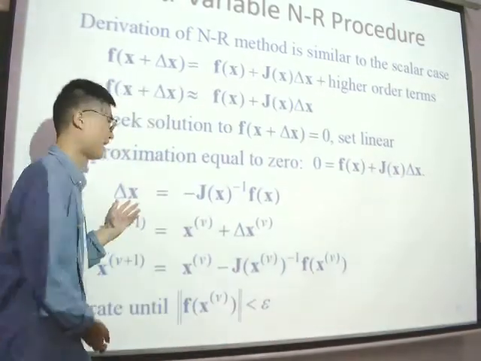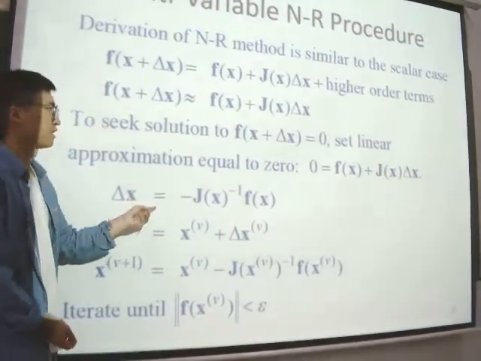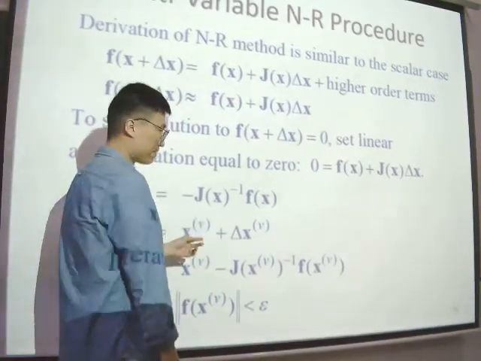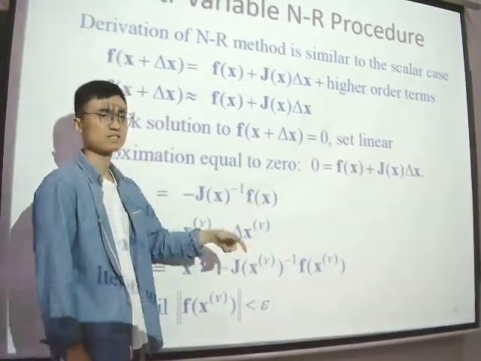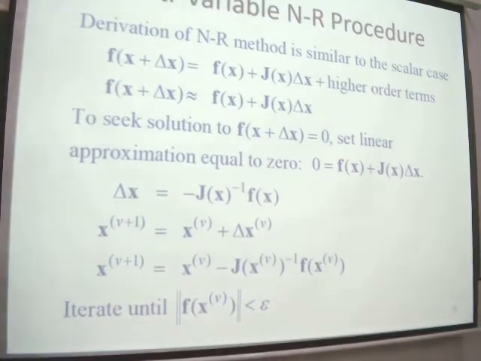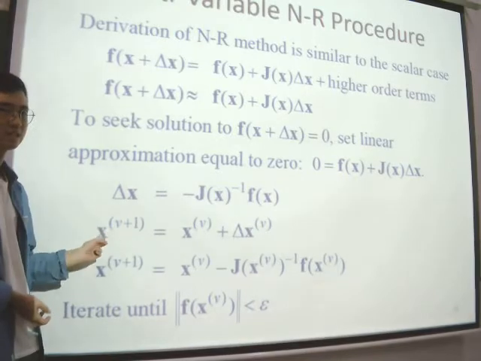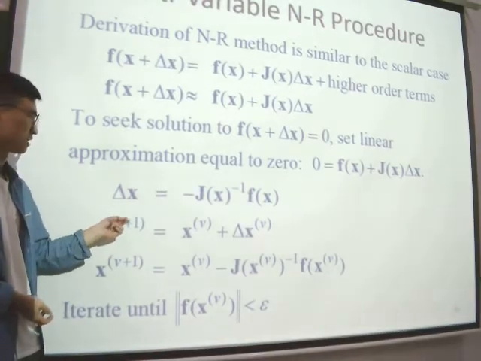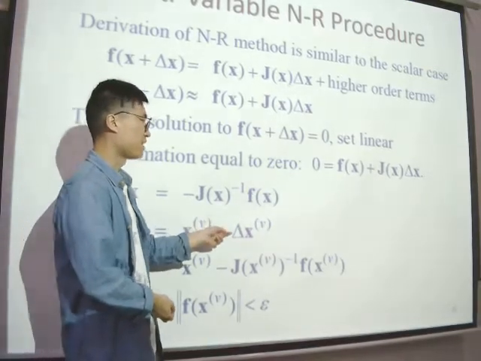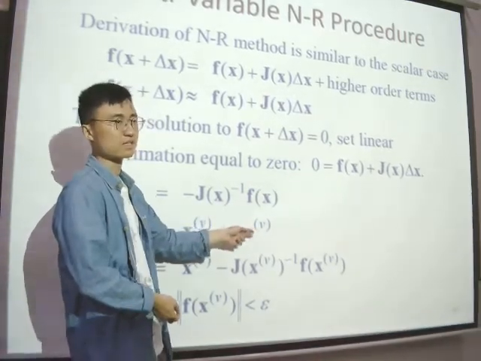Then delta x can be described by the Jacobi matrix and f(x). In the same way, the update of x is equal to the previous x plus delta x.